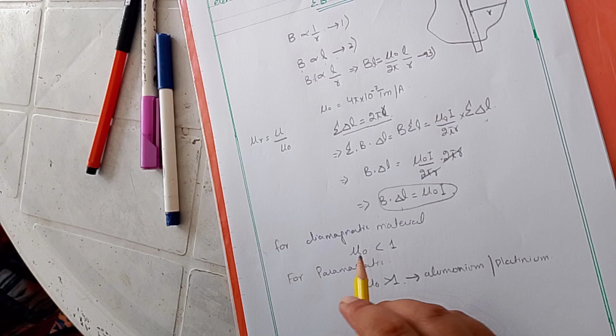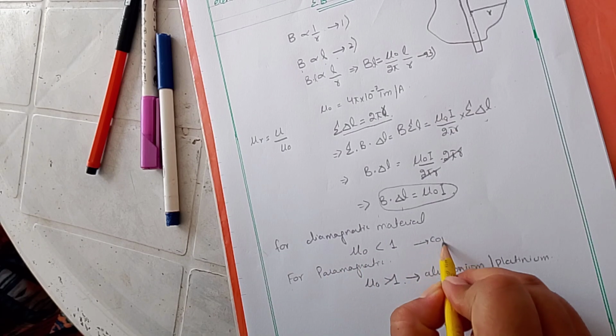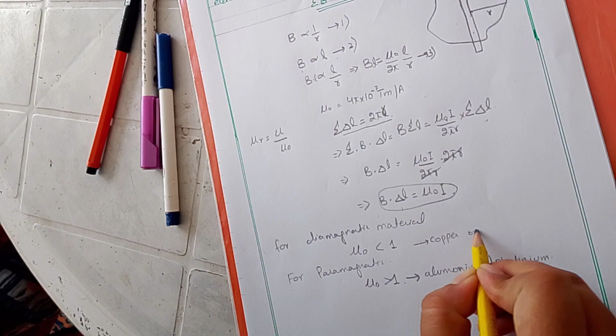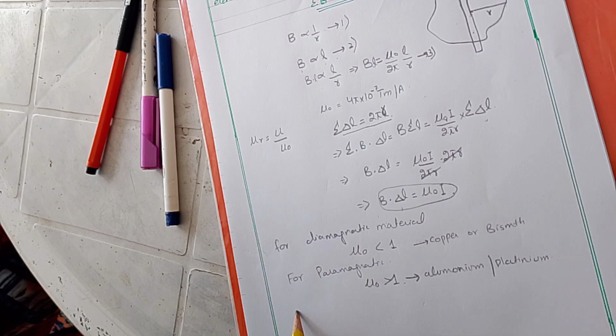And what are diamagnetic materials? Like copper or bismuth. And for ferromagnetic material, the relative permeability will be much greater than 1, meaning it will be 3, 4, 5 and so on.